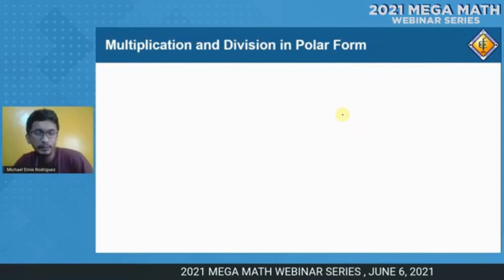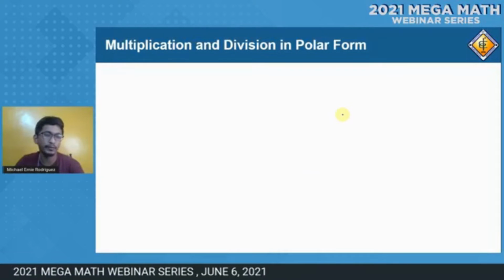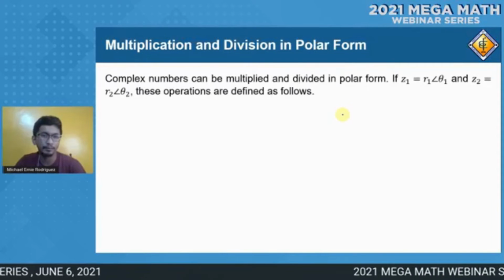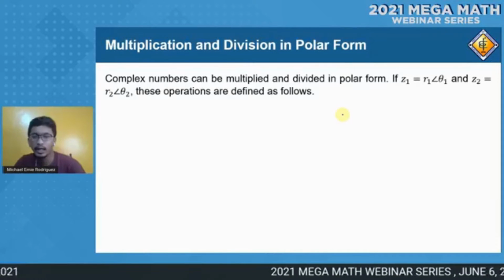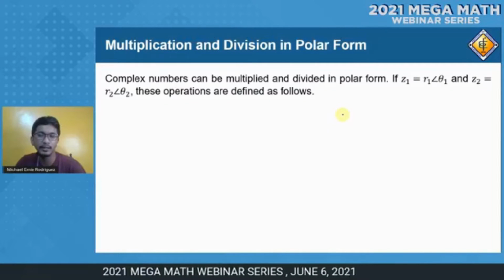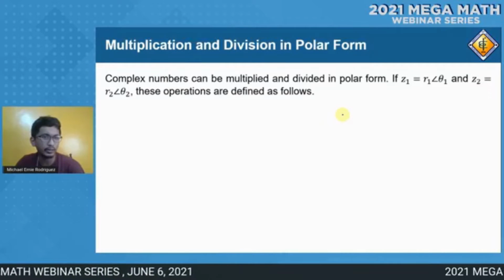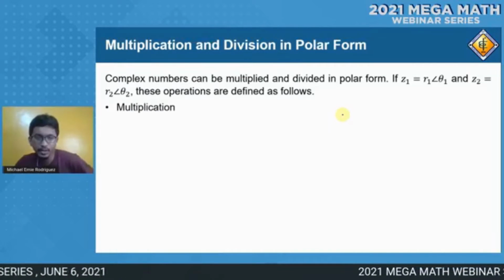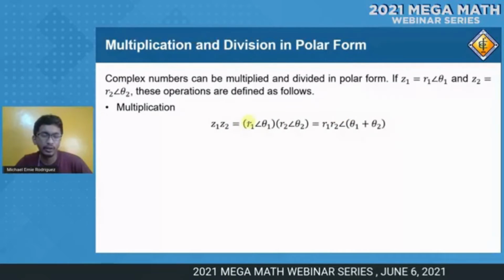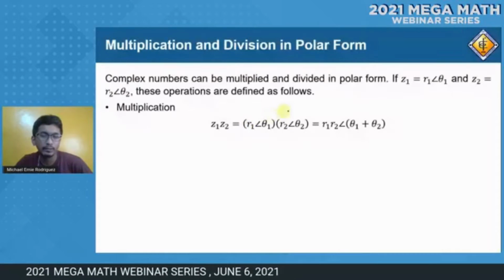Para naman sa multiplication and division. So kapag multiplication and division in polar form, pwede ito. If you have Z1 is equal to R1 bar angle theta 1 and Z2 is equal to R2 bar angle theta 2, so for multiplication, multiply mo lang ang modulus.